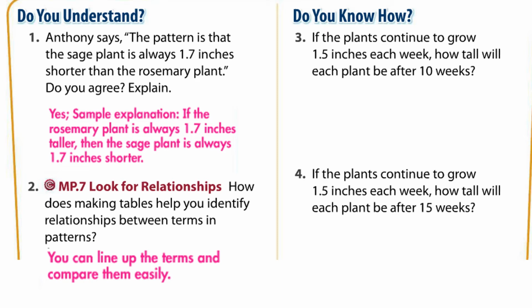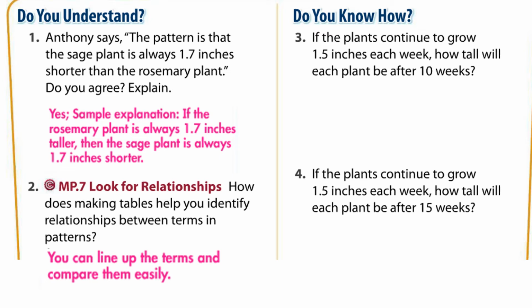Question 3: if the plants continue to grow 1.5 inches each week, which is the rule, of course, how tall will each plant be after 10 weeks? How to get the answers easily? Just complete the tables. I stopped with only the 5th week, so complete the table for another 5 weeks more to get after 10 weeks.